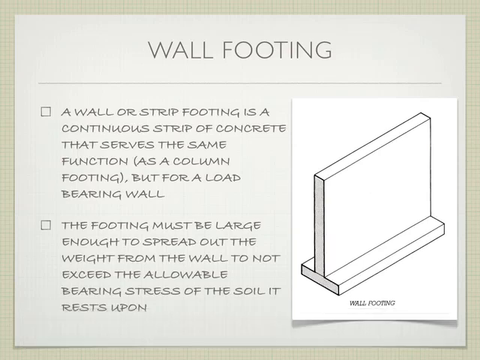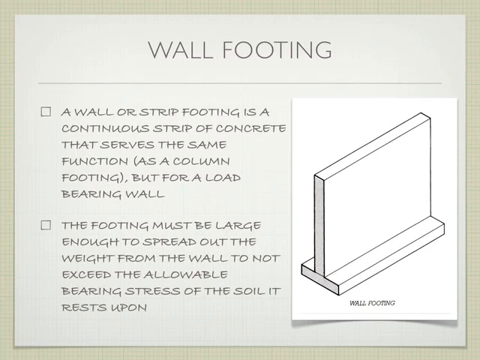So we move from a column footing into a wall footing, which is basically exactly the same thing, except that now instead of coming down as a point load, we're coming down as a linear load. We can imagine a little column, but we're extruding that column back so it becomes a wall.